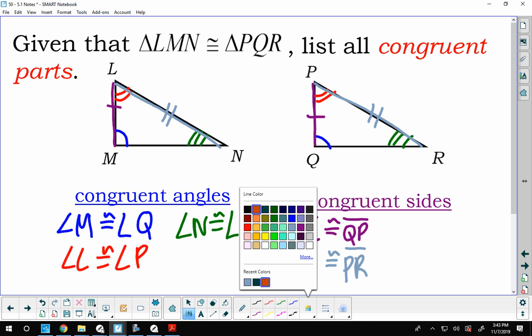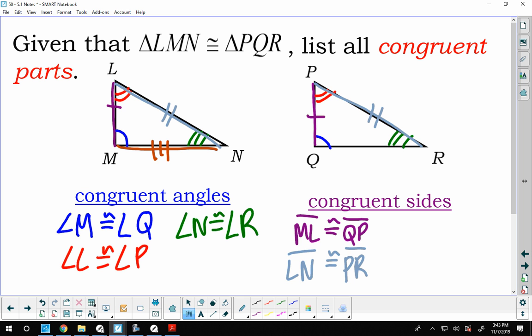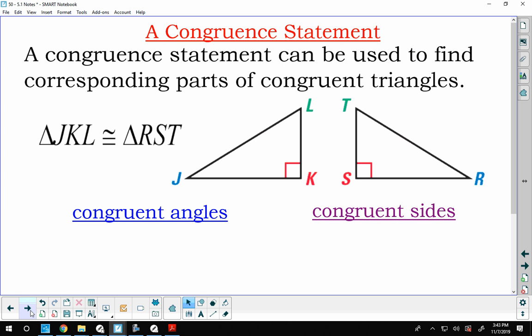And side MN is congruent to side QR. And we know that because the two triangles are congruent. So all the corresponding angles that match up are congruent, and all the corresponding sides that match up are congruent.